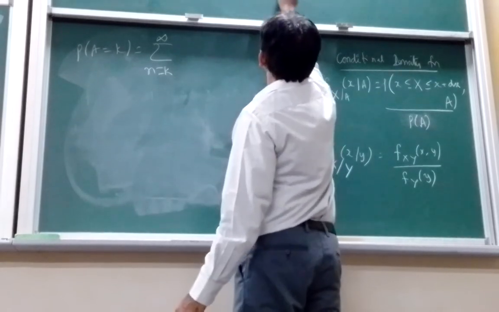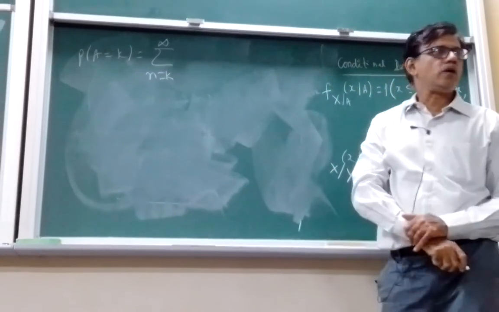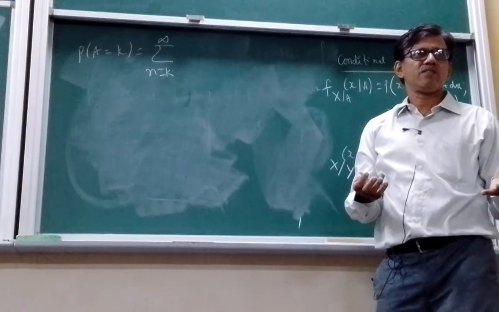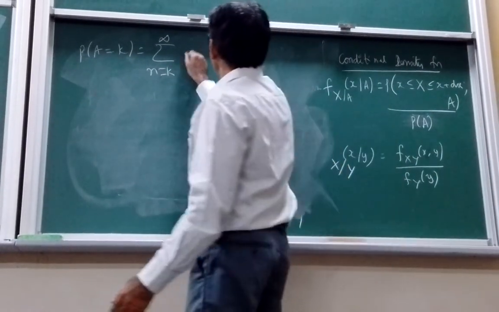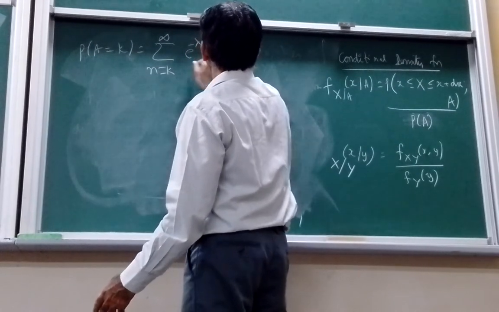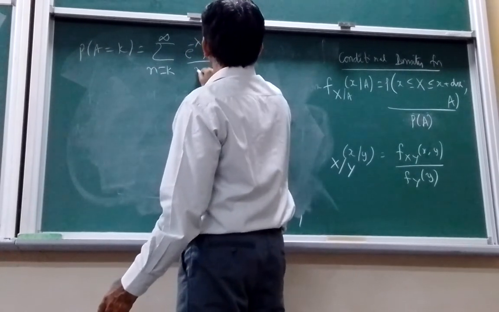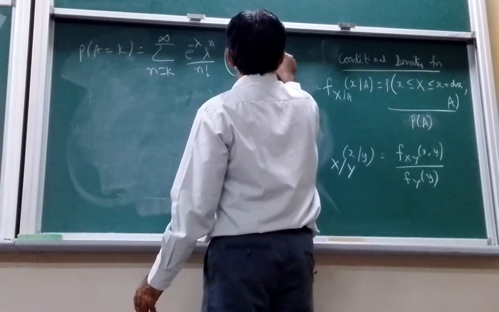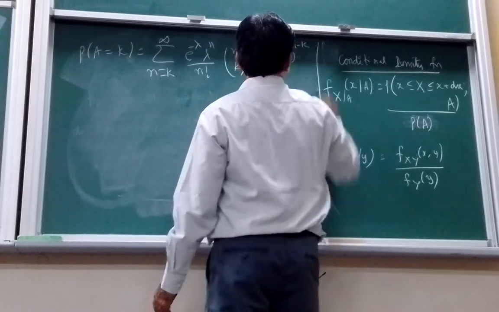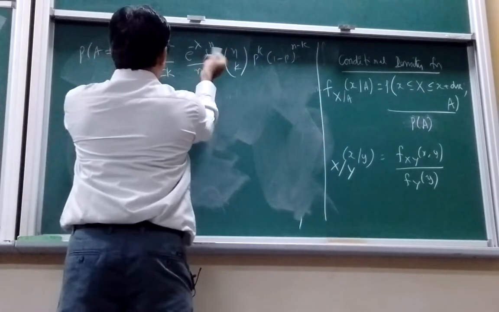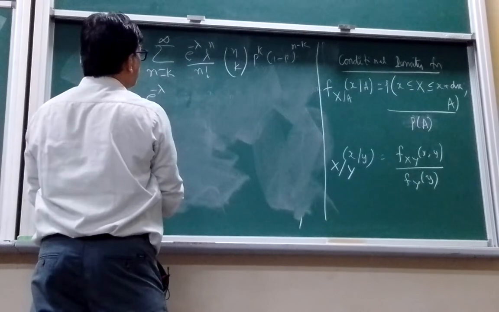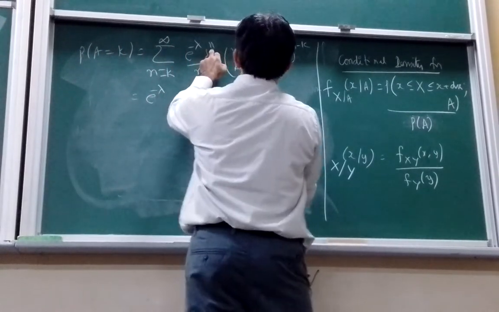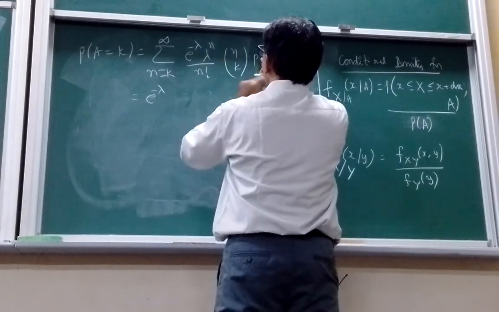And what is this one? Probability x equal to n. It is the Poisson PMF. We have e power of minus lambda, lambda power n by n factorial, into n choose k, p power k, into 1 minus p power n minus k. So now what you will do is you will take out e power of minus lambda here, and then lambda power n is there, p power k is there.